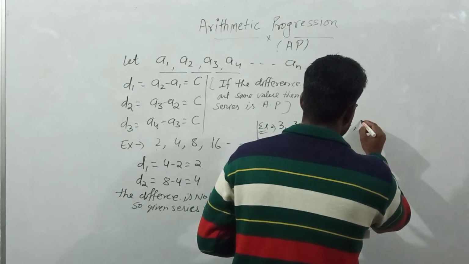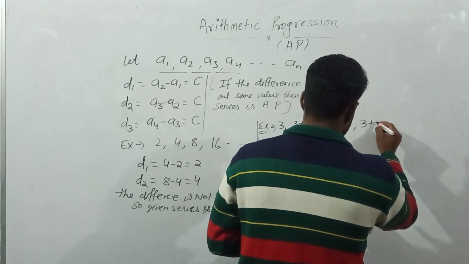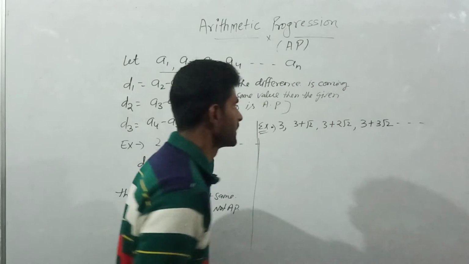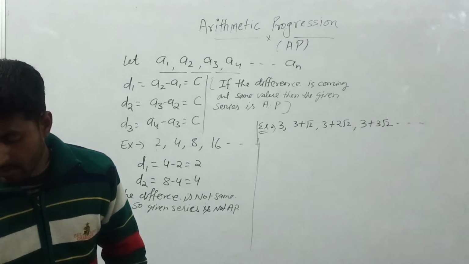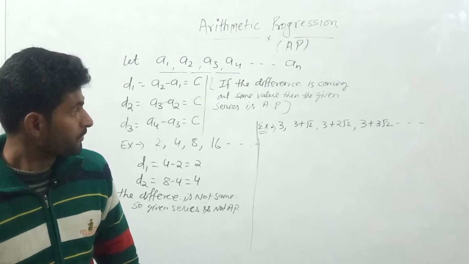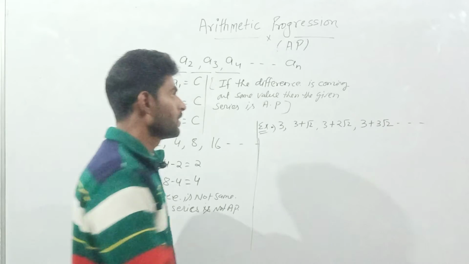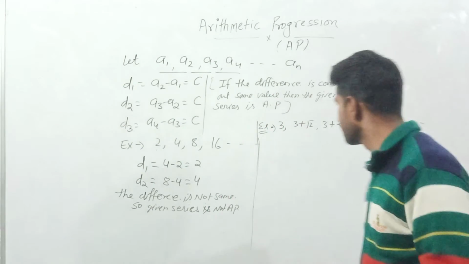The last term is given as 3 plus 3 root 2. This is the series given. We have to find out whether it is AP or not.